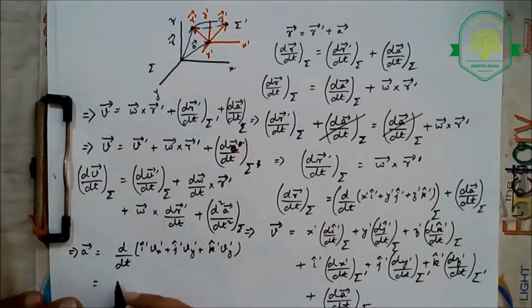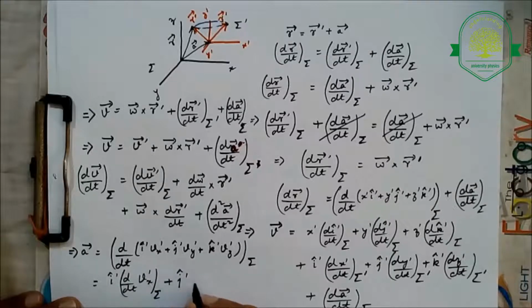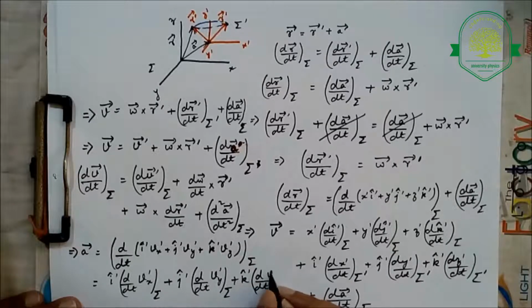If I do this differentiation from the sigma frame of reference, I get i cap primed d/dt of Vx primed as seen from sigma, plus j cap primed d/dt of Vy primed as seen from sigma, plus k cap primed d/dt of Vz primed as seen from sigma, plus yet more terms: Vx primed d/dt of i cap primed as seen from sigma, plus Vy primed d/dt of j cap primed as seen from sigma, plus Vz primed d/dt of k cap primed as seen from sigma.